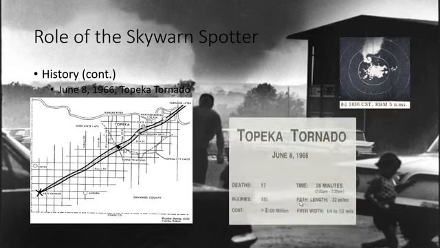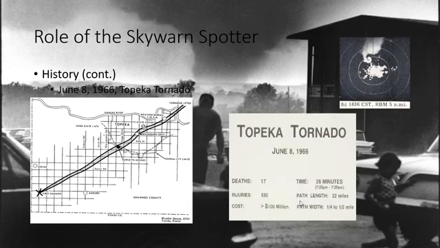But there were only 17 deaths. There were 550 injuries. It was on the ground for 26 minutes from 7:03 to 7:29 p.m. Central Standard Time. It went 22 miles.